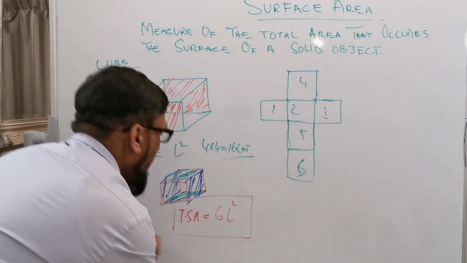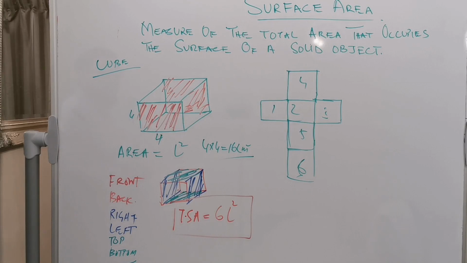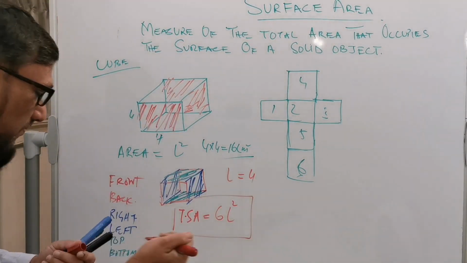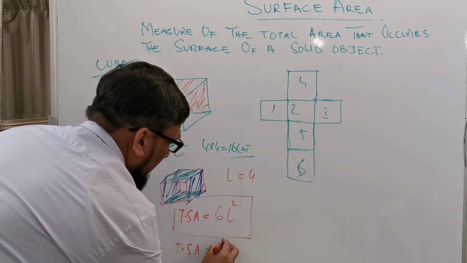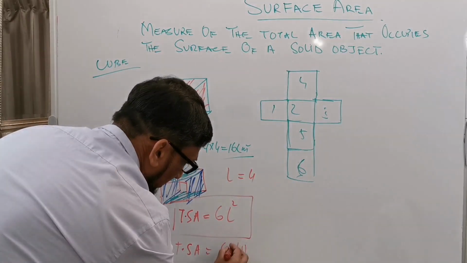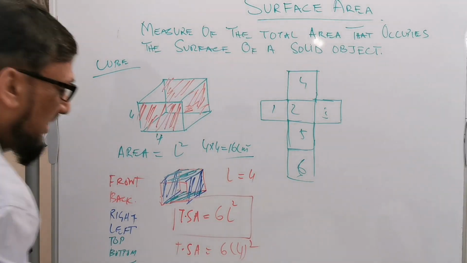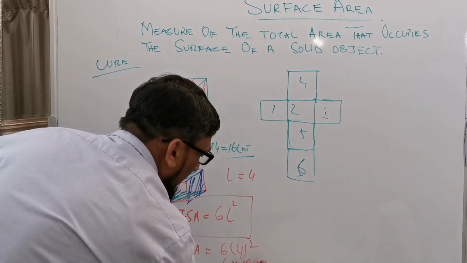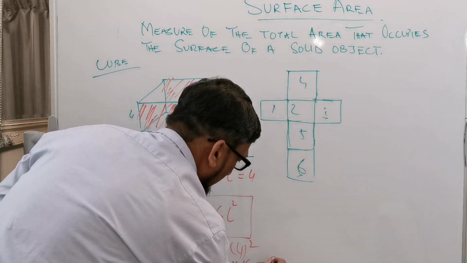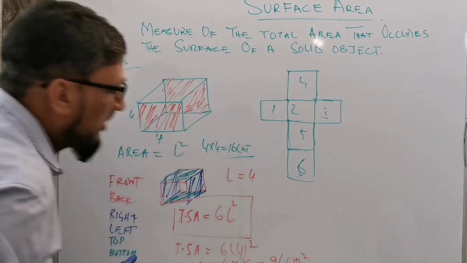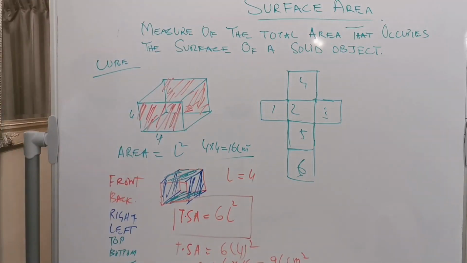This is the formula for a cube. If L is equal to 4, the total surface area is 6 times 4 squared. 4 times 4 is 16, and 16 times 6 is 96 centimeters squared. So the surface area of the cube is 96 centimeters squared.